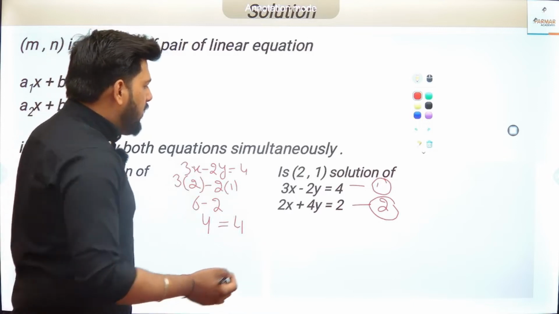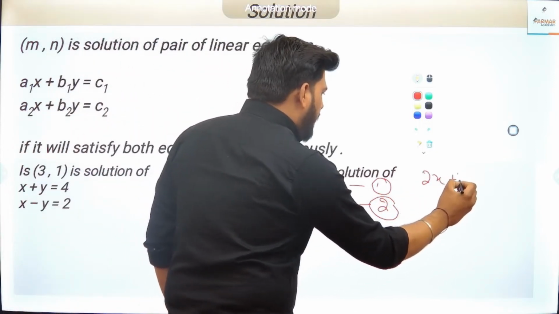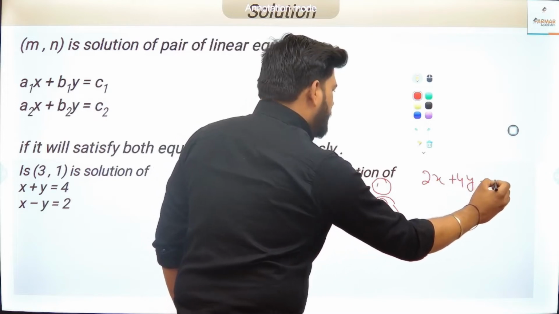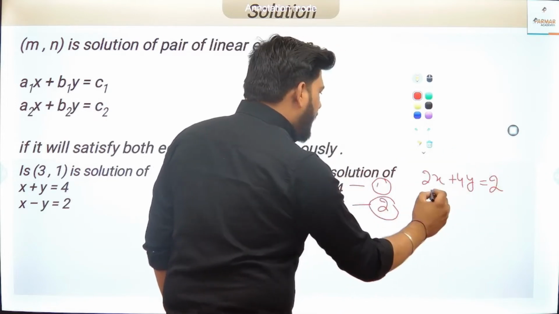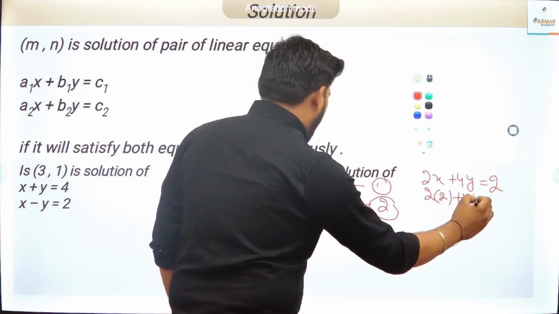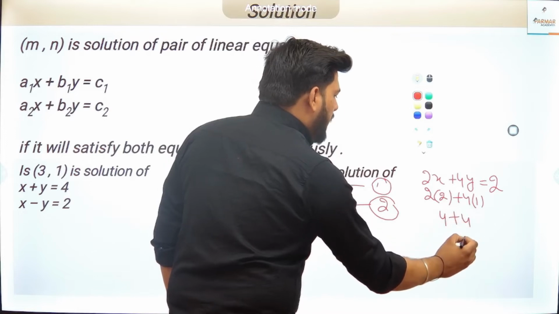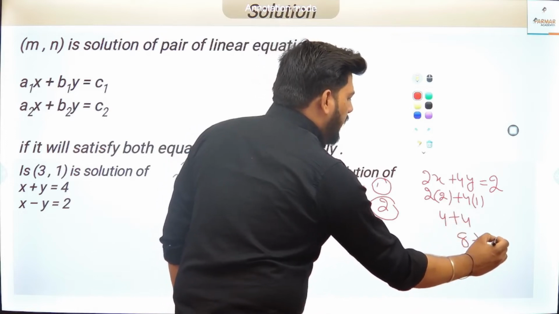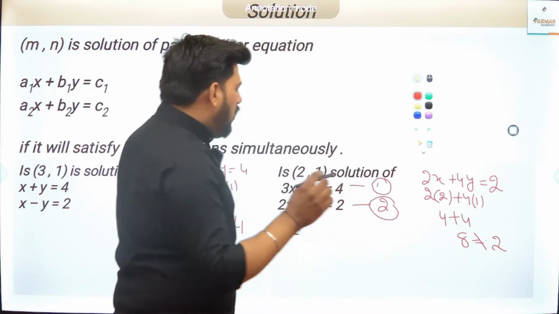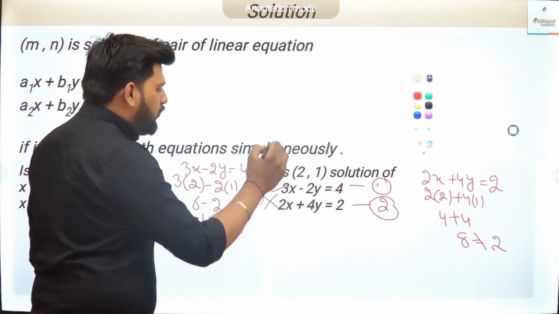Now let's check for the second equation also, that is 2x plus 4y is equal to 2. Again replace x by 2 and y by 1. So this is 2 2s are 4, 4 1s are 4, that is 8, and this is not equal to right hand side. So (2, 1) is solution of first equation, but it is not a solution of second equation.